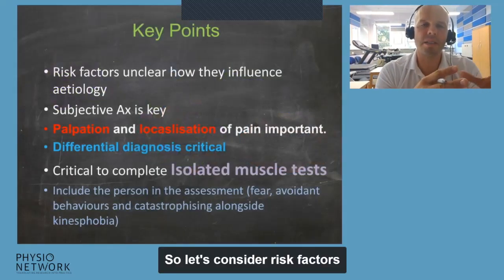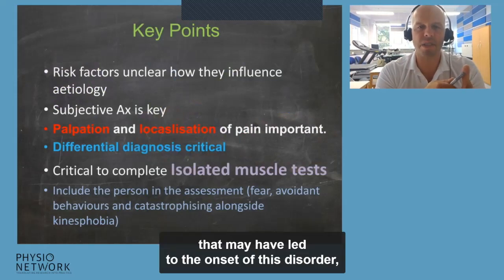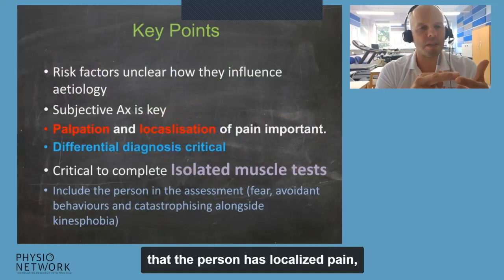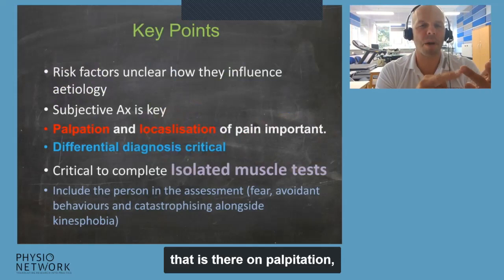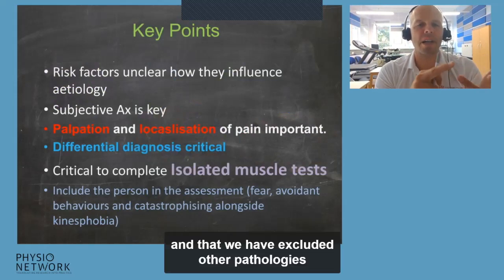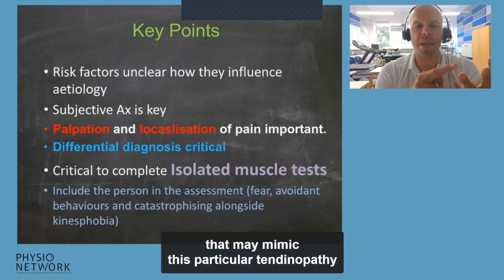So let's consider risk factors that may have led to the onset of this disorder, that the person has localized pain that is there on palpation, and that we have excluded other pathologies that may mimic this particular tendinopathy.